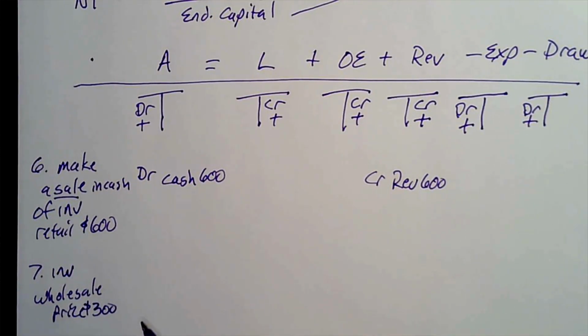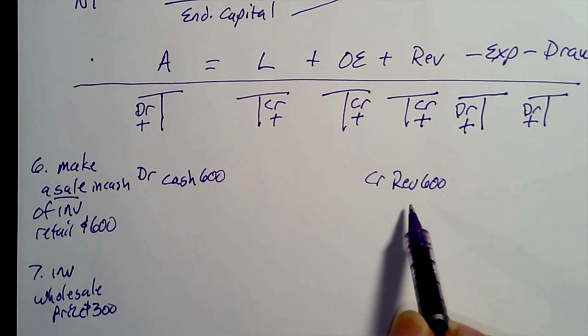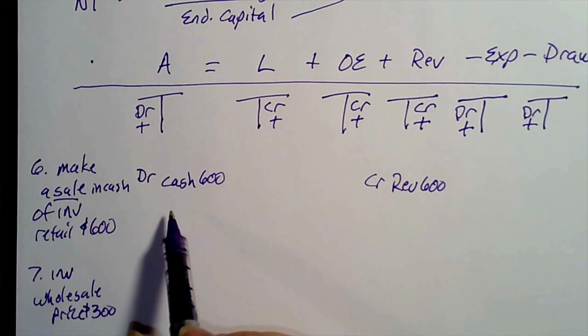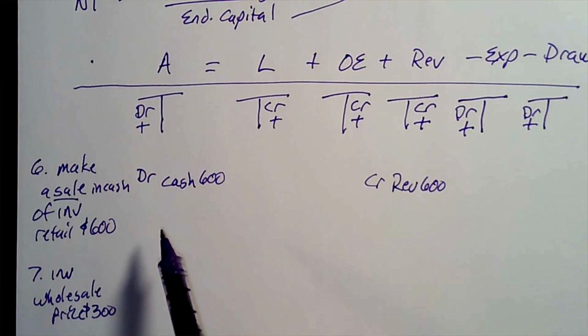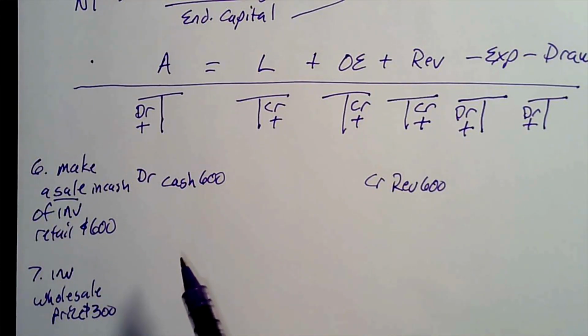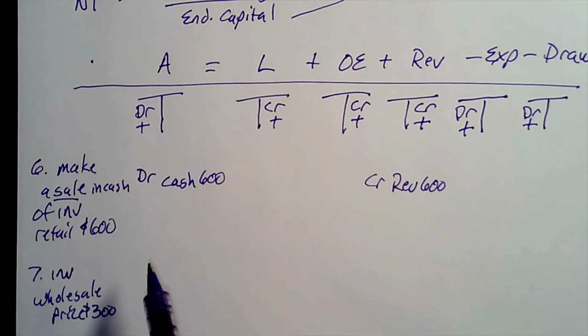So when we record a sale, especially if we're selling something physical, there are going to be 2 parts to a sale. There's the revenue part, which represents the cash that the customer gave us. Now, what did we give the customer? We gave the customer some of our inventory. We're not telling them what our wholesale price is.